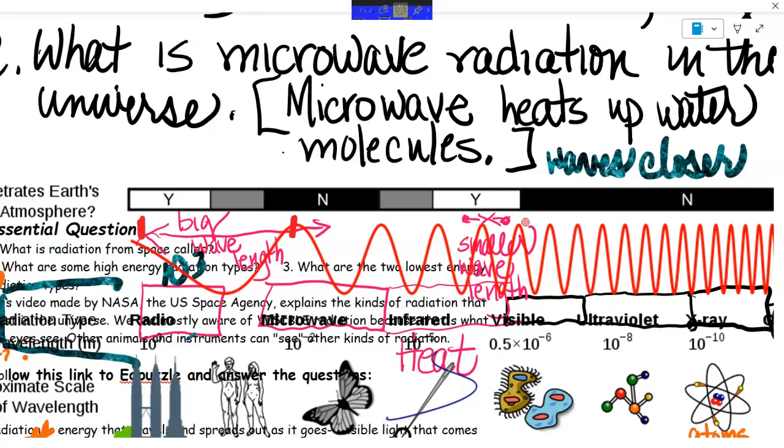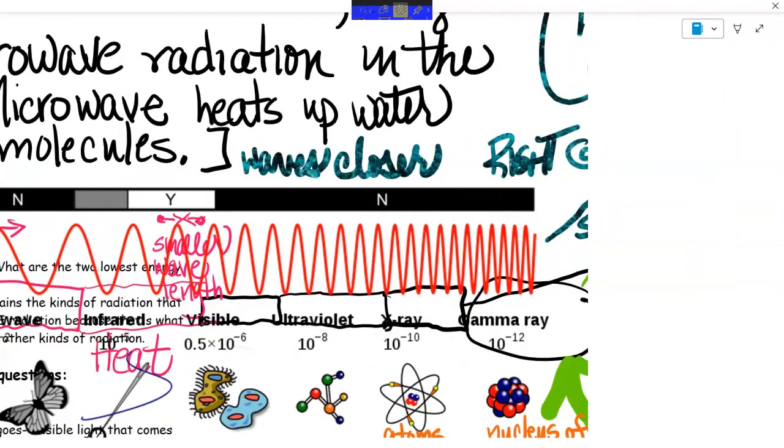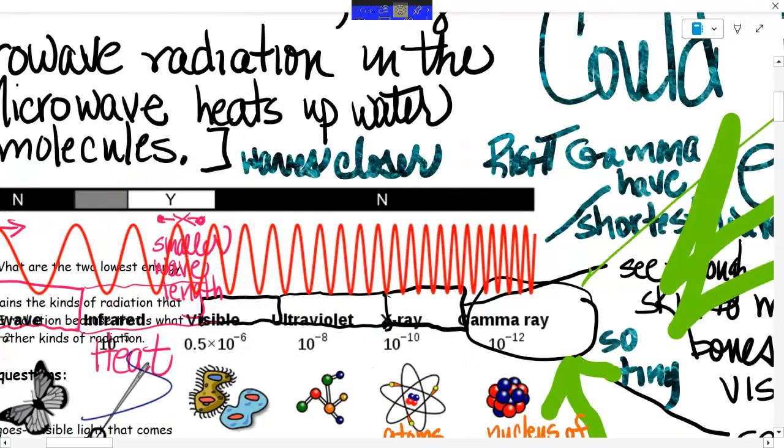So the red end is the low frequency. And the high end, the gamma, is high energy, high frequency.